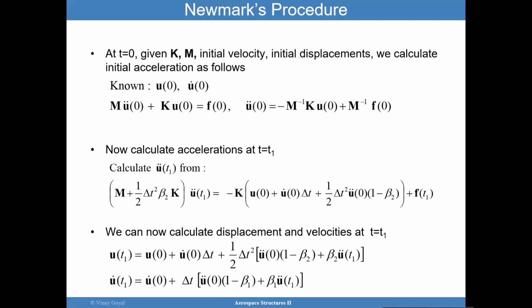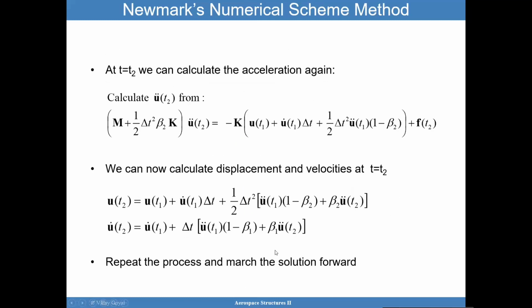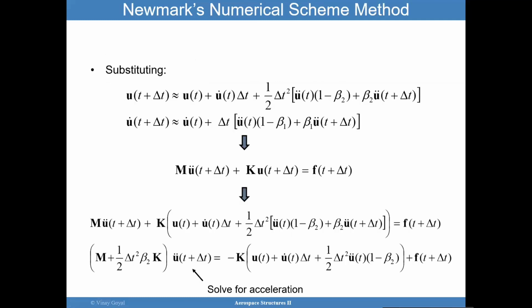Now, what I really want to know is how things change over time. So let's look at time equals t1, a little bit further away from time equals 0. How do I go about that? I basically use Newmark's method. I'm sorry, I went ahead of myself and I'm confusing you.